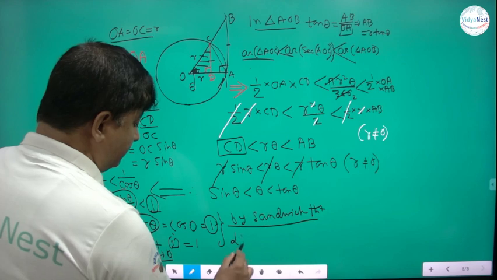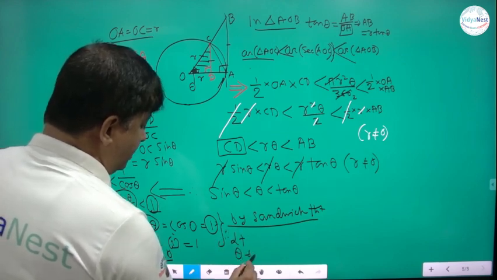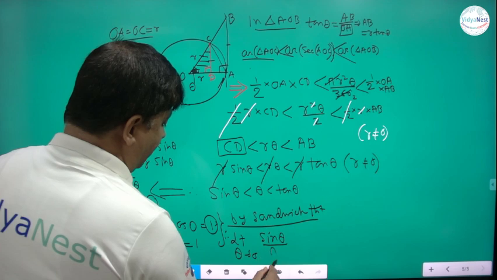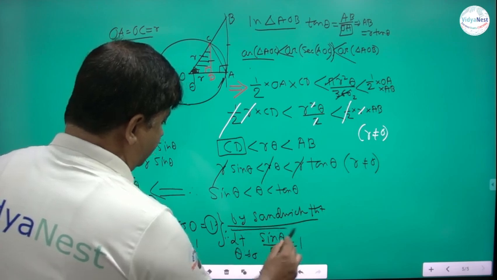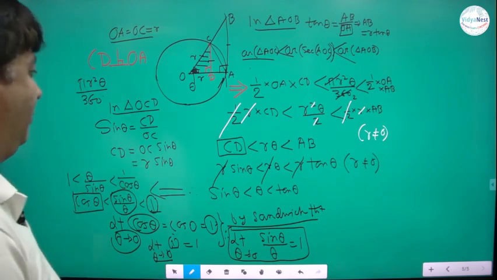Therefore, by sandwich theorem, limit theta tends to 0 sin theta by theta equal to 1. One important property we are able to derive.